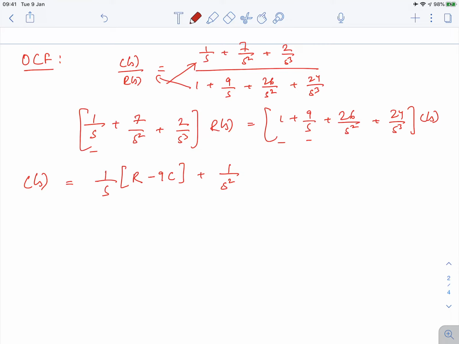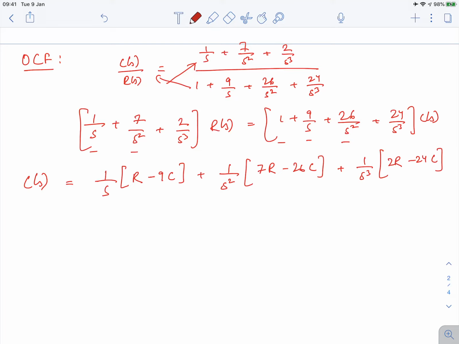Similarly, for 1 by s square I would get 7r minus 26c, plus 1 by s cube I would get 2r minus 24c.